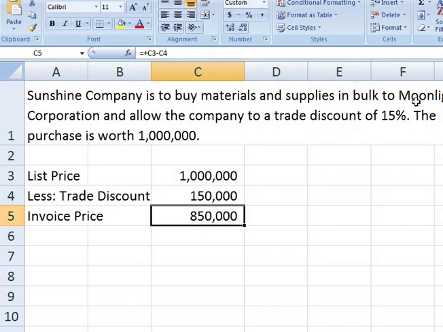Whereas si Moonlight naman, being the seller, magre-recognize siya ng sales amounting to 850,000. So, hindi na i-reflect ang 150,000 na trade discount sa records ng company. Only the invoice price.